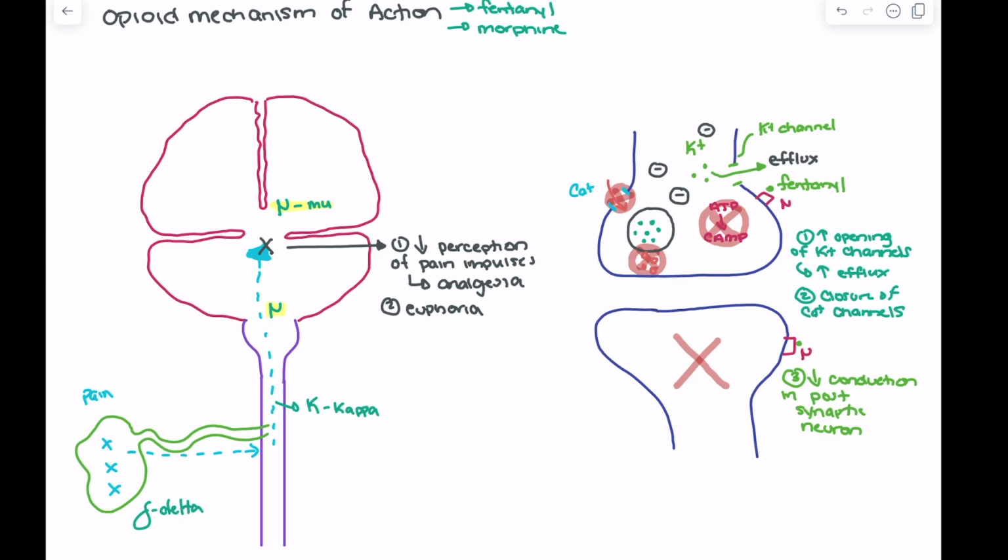But there are also a few unintended consequences. So when we look at our mu receptors, we also have a fairly high density of mu receptors within the medulla, or the respiratory centers of the brain. And what can happen here is we actually see the reduction in the ability of our respiratory centers, or the chemoreceptors, to send signals to the respiratory units or the lungs to encourage breathing.